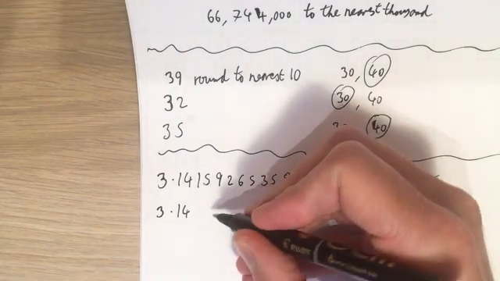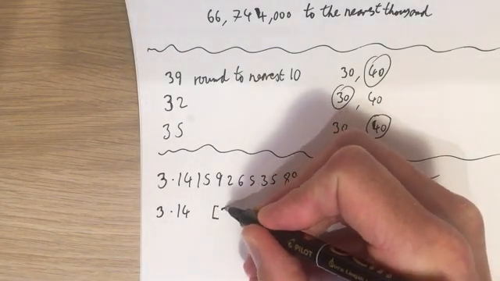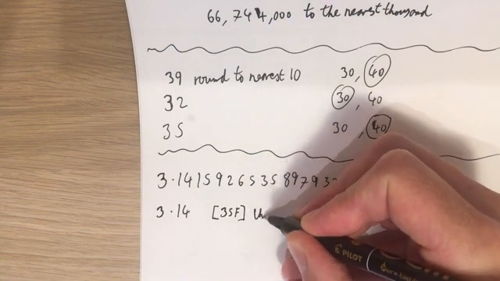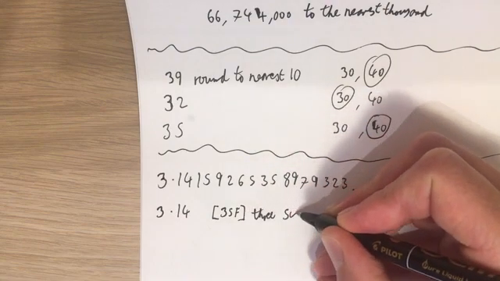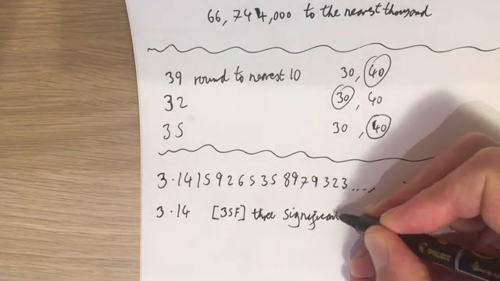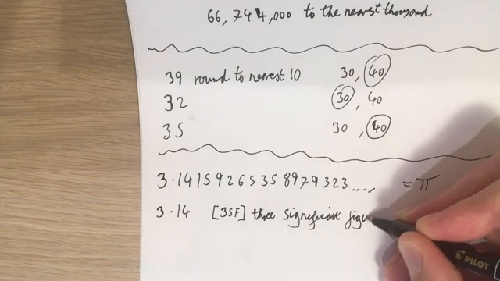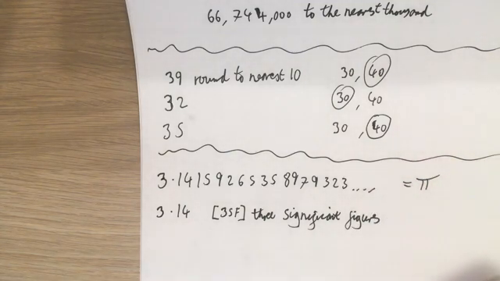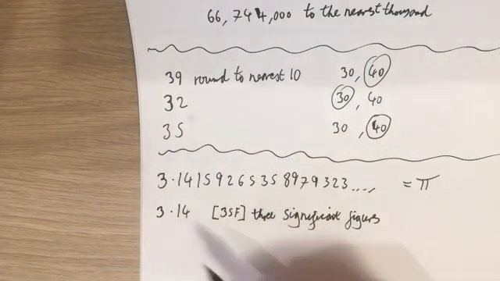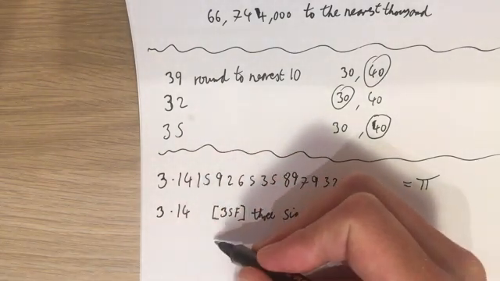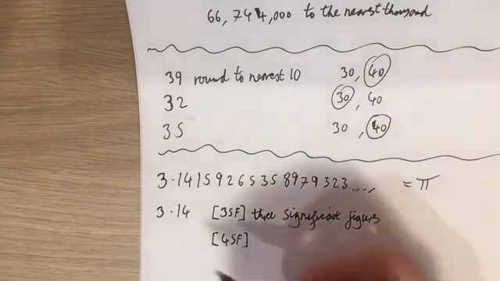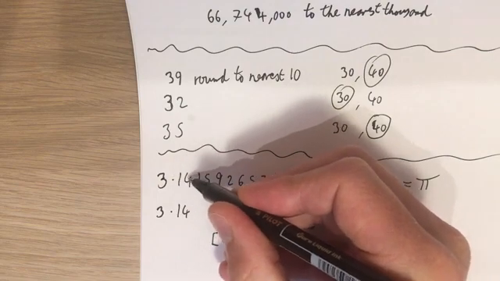Well, what we normally do is we say 3SF, and that stands for 3 significant figures. Basically, check it out, I've kept 3 numbers: 1, 2, 3 numbers. So if you have a question that wants you to round to 4 significant figures, you'll keep 4 numbers. 3.141.